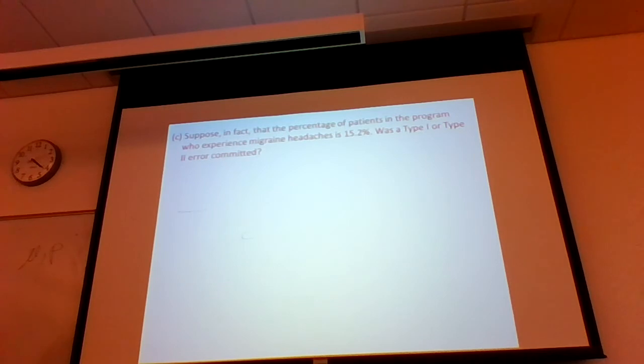So we did reject it, and now we need to find out what error it is. Yes, we rejected it. How many people say type 2? Raise your hand. None of you. So it's got to be a type 1, because you're rejecting the hypothesis when it's true.